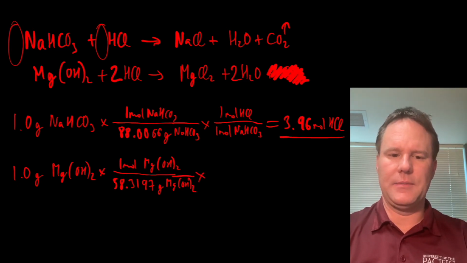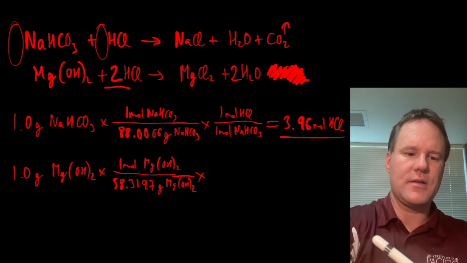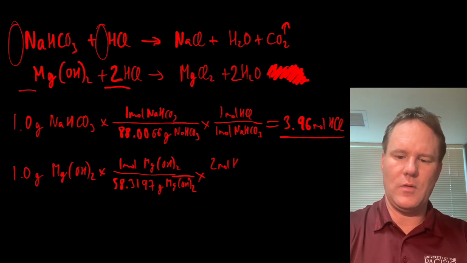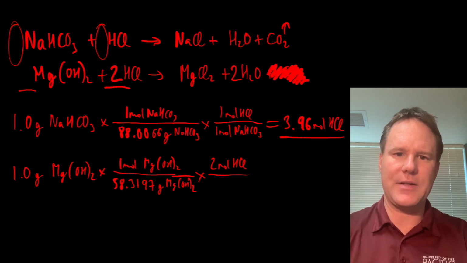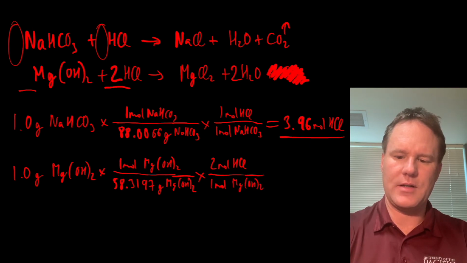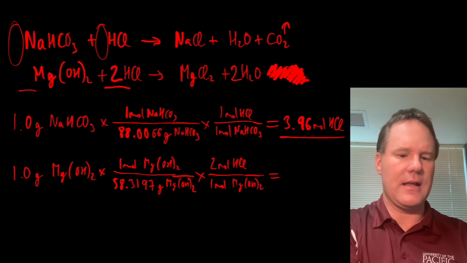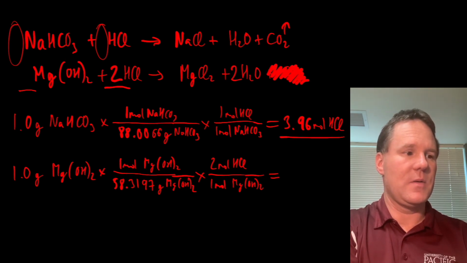And then the mole ratio here is different, right? It's 2 per 1. So you react with 2 moles of HCl for each 1 mole of magnesium hydroxide. If you do the calculation, you can kind of already tell, right? Because not only does it react with twice as many HCl's, but it's also lighter than the other one.